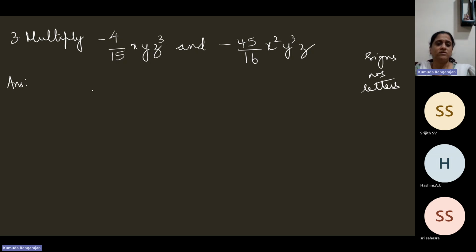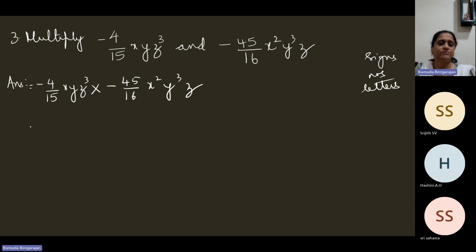So see here. Minus 4 by 15 xyz cubed into minus 45 by 16 x squared y cubed z. This is the question. I've taken a multiplication sign between the two expressions. Now, how do you multiply?